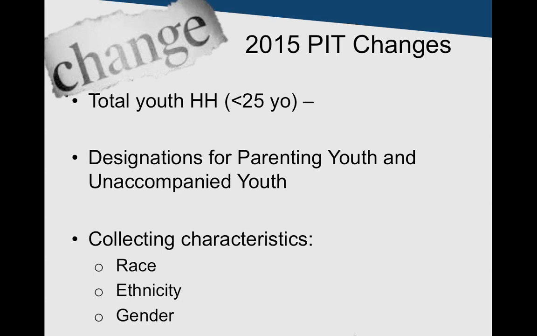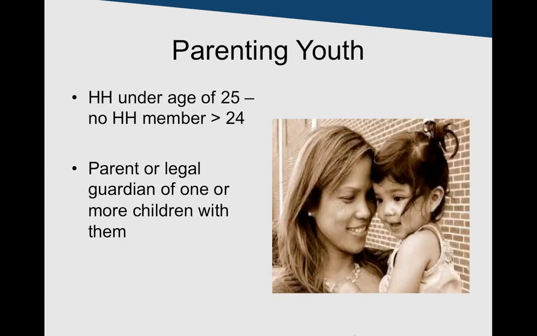In regards to the youth households for persons under age 25, COCs will be required to report the total number of youth households, including their race, ethnicity, and gender, for parenting youth and unaccompanied youth.